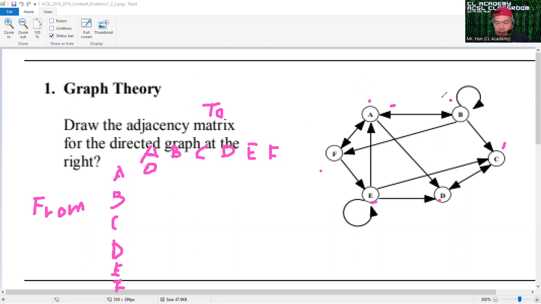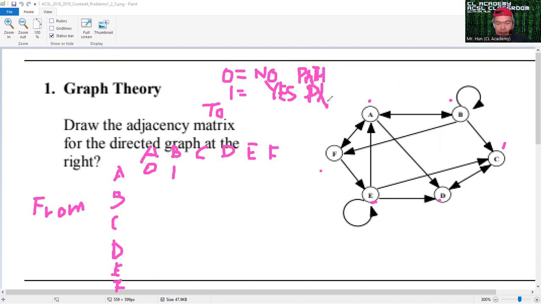Can I go A to B? Yes, I can go from A to B. I see the arrow. That's 1. So 0 equals no path. 1 equals yes, there is a path.